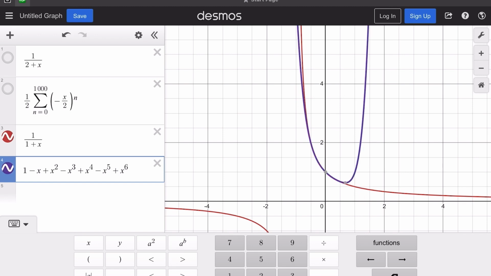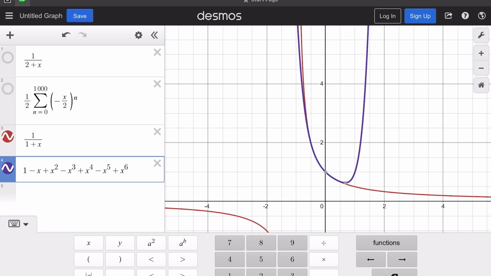And you can see that it really starts to take on that same shape. And that's what we mean by representing a function as a power series. We can make it a polynomial, which is really useful because they're really easy to work with, and they're going to allow us to take integrals that would otherwise be way harder to take.